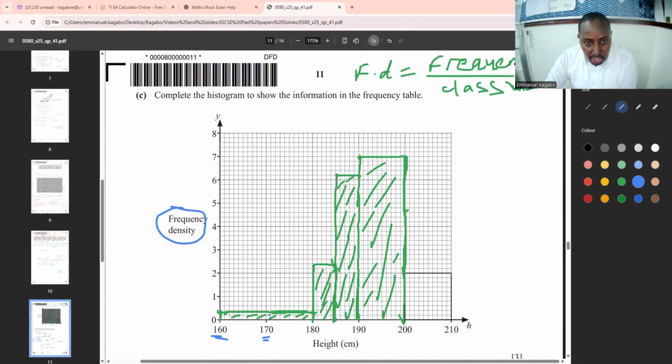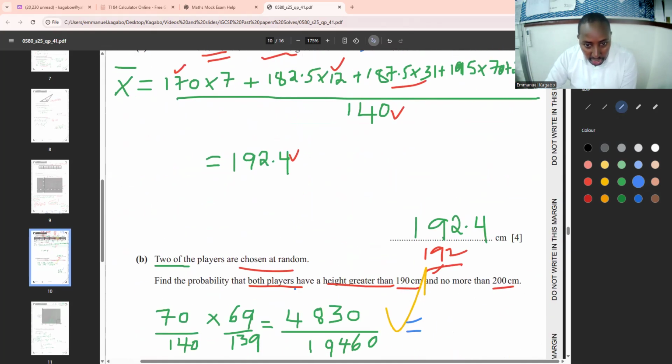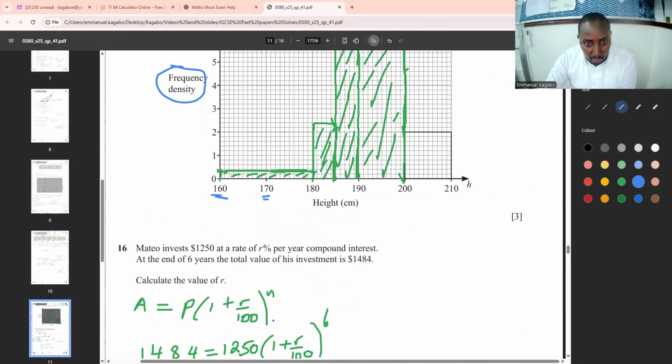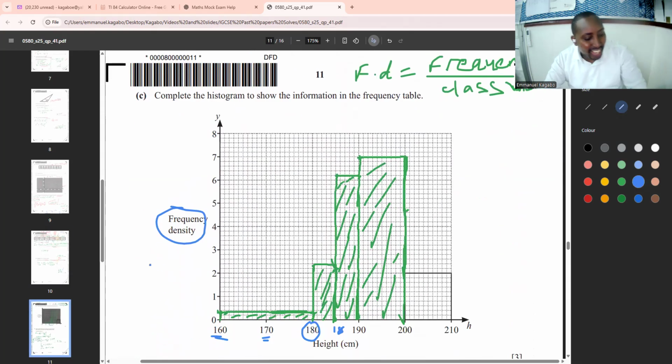The next one, if you check, was 2.4, and the class is 180 to 185. Okay, that's what I have here. And the next one is that. So that's what I was doing. I was plotting frequency density against the classes.